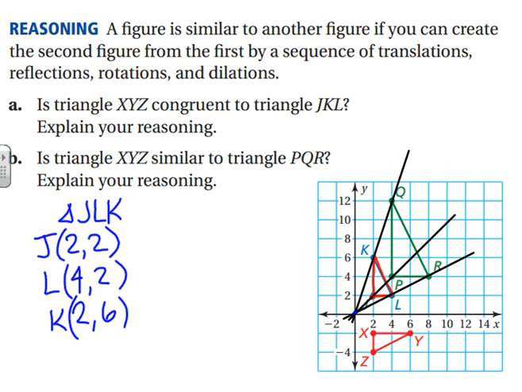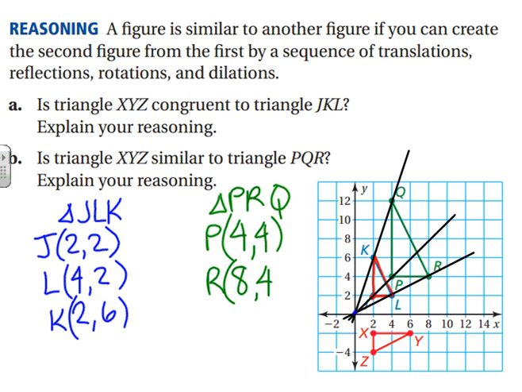Okay, and then I'm going to compare that to the second triangle. We'll do it in the same order, so we'll have P, R, Q. So the point P is at 4, 4. R is at 8, 4. And Q is at 4, 12.